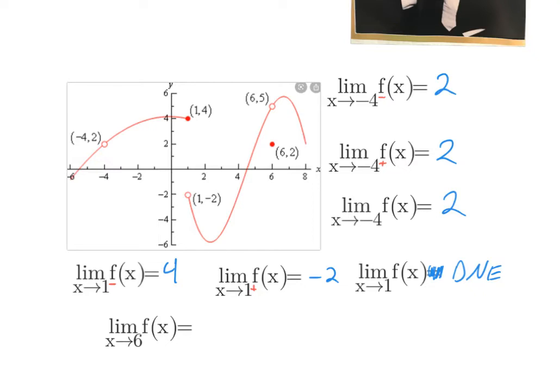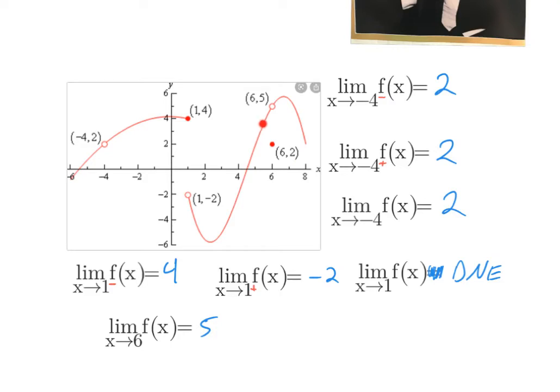All right, finally, limit as x approaches 6. I don't ask the left or the right, so I'm just saying, what is the limit? Well, the left and the right both exist, and they are both approaching that same y value. So the answer to this is 5. Common mistake people make here is they see this point down here, and so they think that the limit is 2.